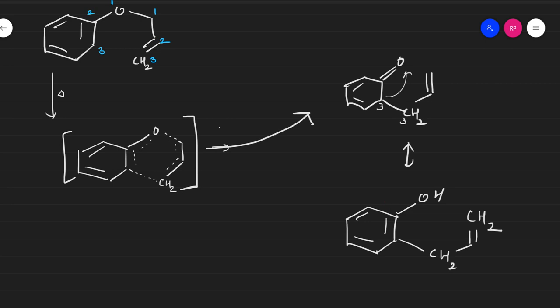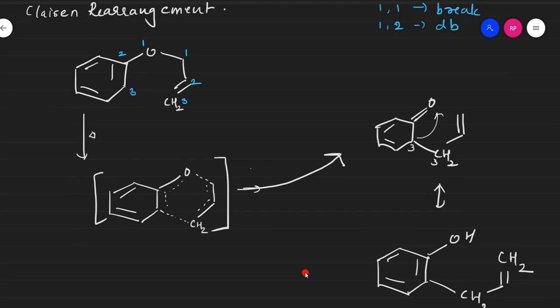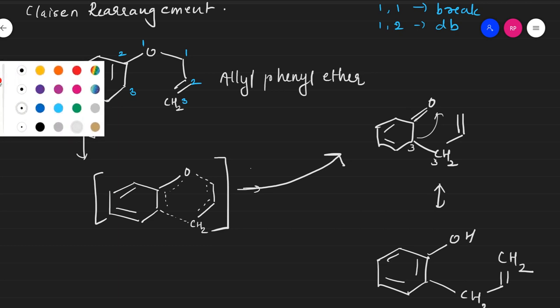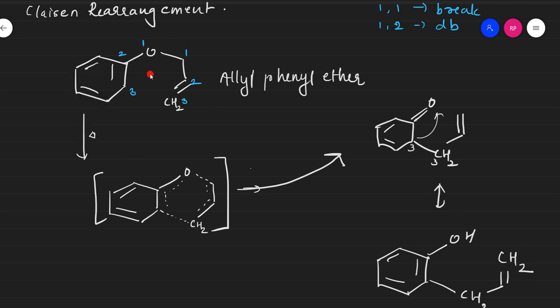Now why we call this a typical Claisen rearrangement. This is allyl phenyl ether. This is your allyl group. So this is allyl phenyl ether.